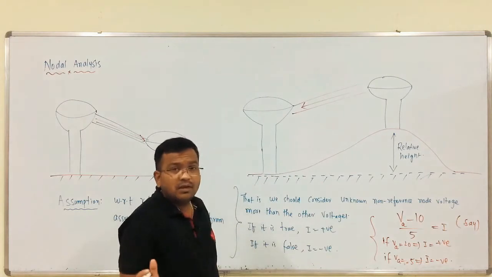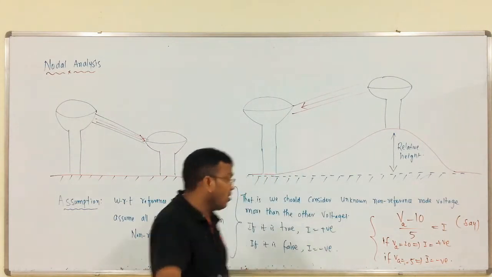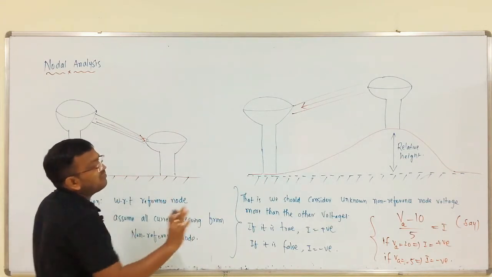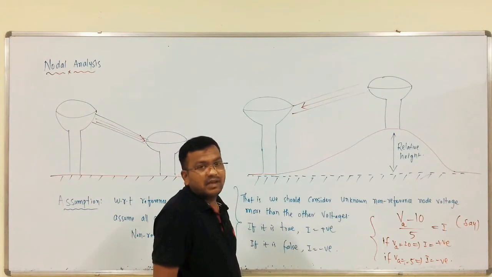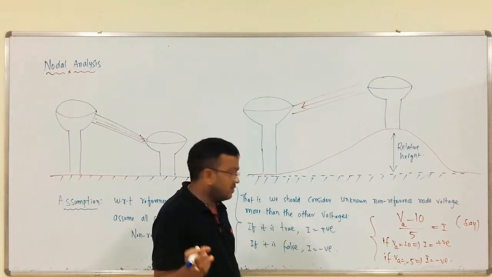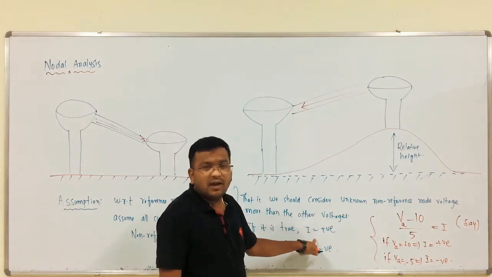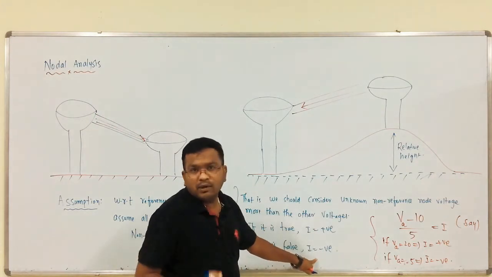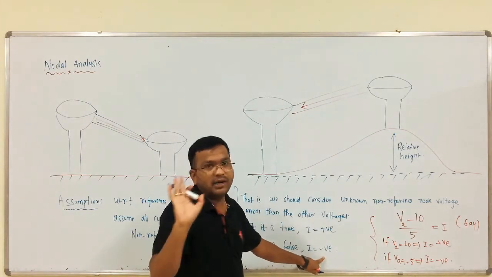We can assume the unknown non-reference node voltage should be more than the other voltages, that is, all currents leaving from the non-reference node. We have to assume something, right? So, this is the assumption. If it is true, you can get the positive current, otherwise we get negative current. There is no problem at all. See the magnitude of current, you all know that.